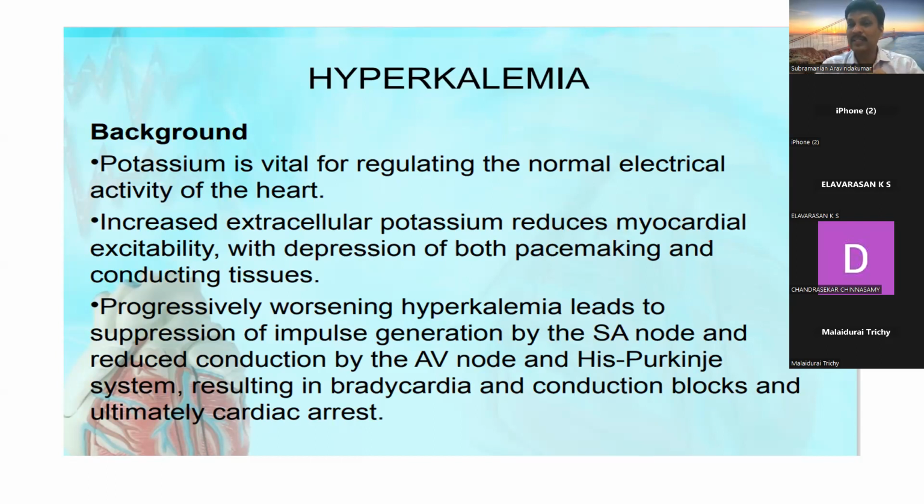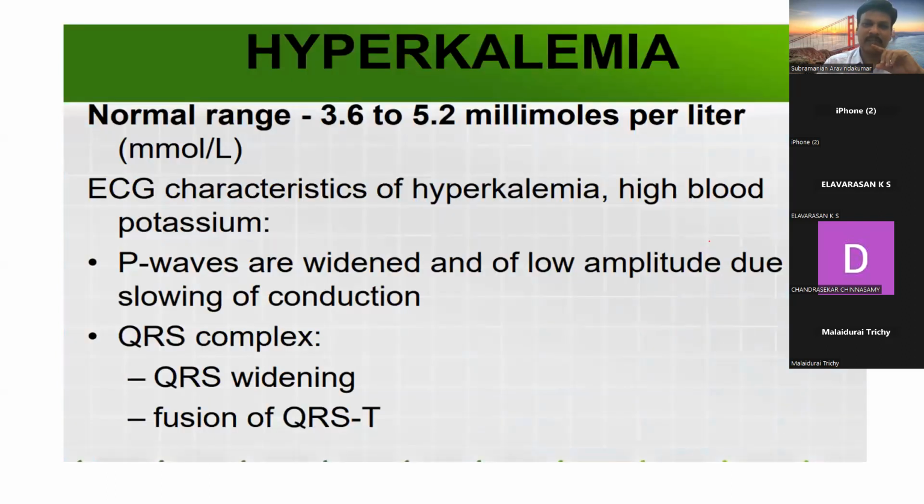We utilize this principle for cardiac surgery. But can this happen normally? Yes, commonly we see it in acute renal failure, and also after ACE inhibitor or ARB administration, we see a lot of hyperkalemic patients. The normal range of potassium is around 3.5 to 5.